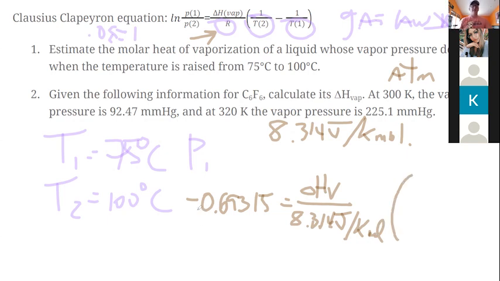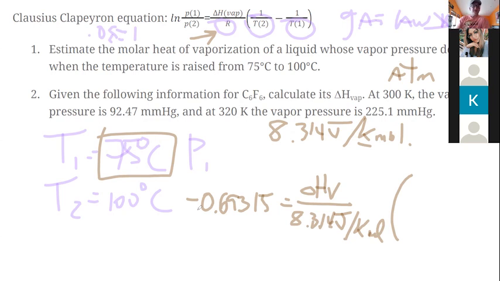And then, what do we put down for T1 and T2? Do we use these numbers? You would use Kelvins. That's right. It tells you right here, in the value of R. That's K. It's not degrees C. And really, anytime you're dealing with gases, you always use Kelvin because it's an absolute scale.